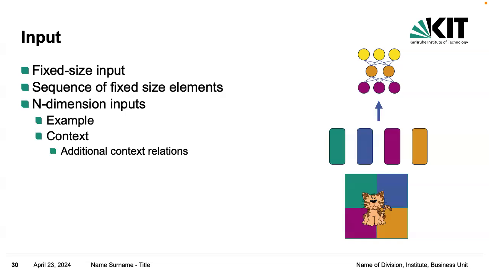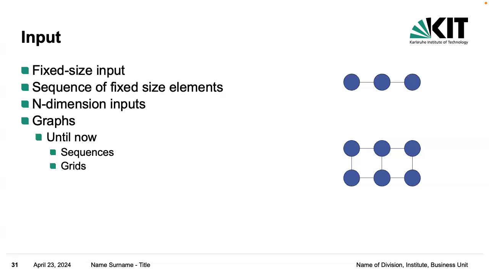And with this, you easily see that you can extend that further. If you think of general graphs, we have two types of graph structure until now. We didn't call them graphs, but the sequence is like the graph structure up there, and down there you have the grid, typically of a 2D thing.